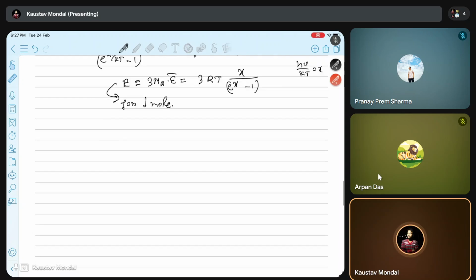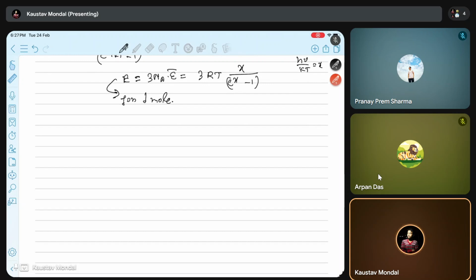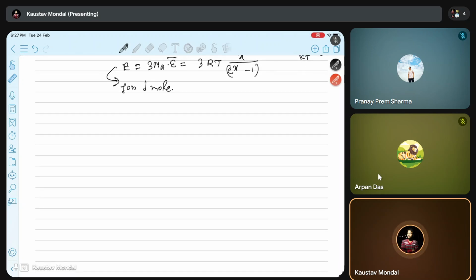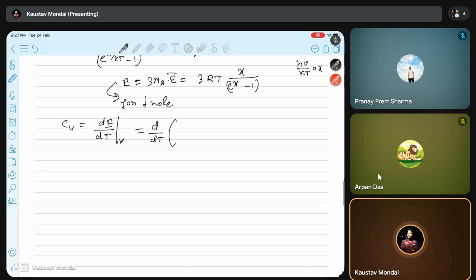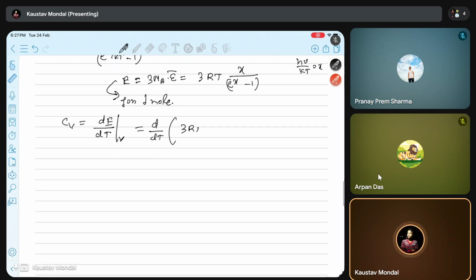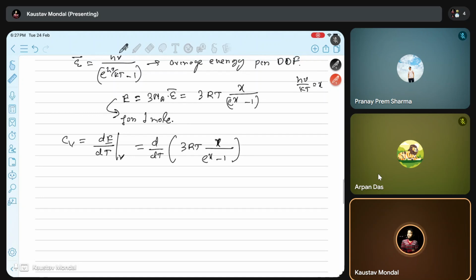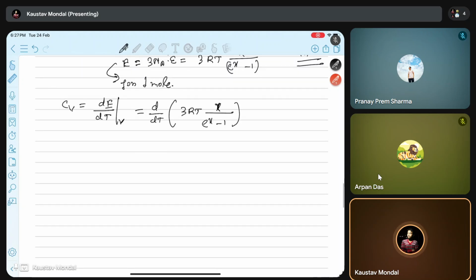Now for one mole of the solid, you can calculate the specific heat. Let's take it as Cv, the specific heat at constant volume. So you take the derivative with respect to temperature, keeping volume constant. The derivative of the energy, 3RT times x by e to the power x minus 1, must also account for x depending on temperature, so you differentiate with respect to x as well.